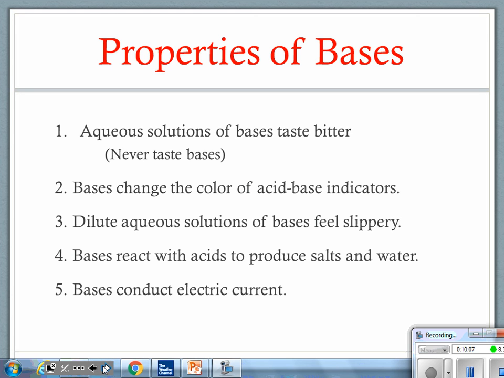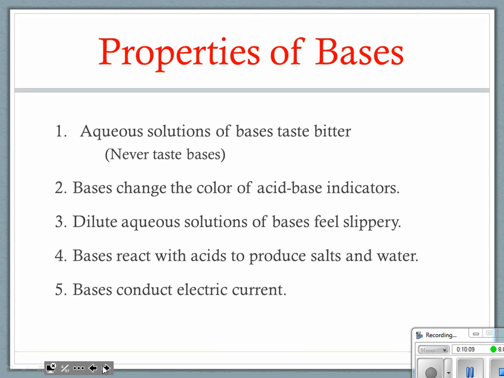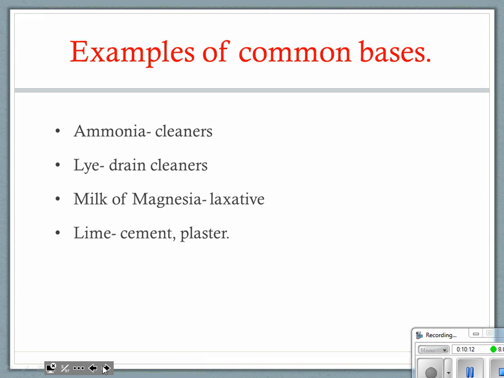So what are some common bases that we deal with? Ammonia. Okay, I'm sure you've heard of ammonia. It has a very distinct smell. Lye is in drain cleaners.